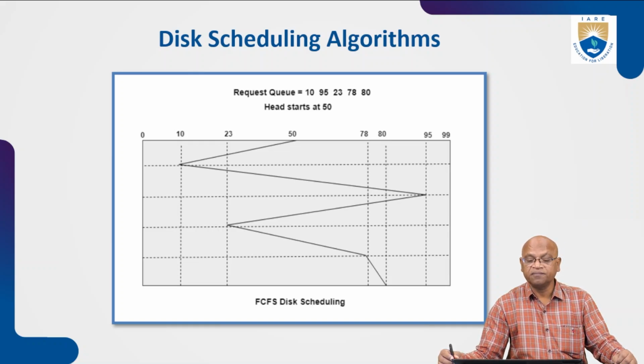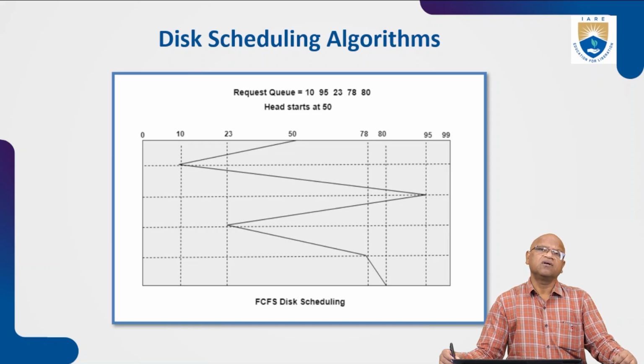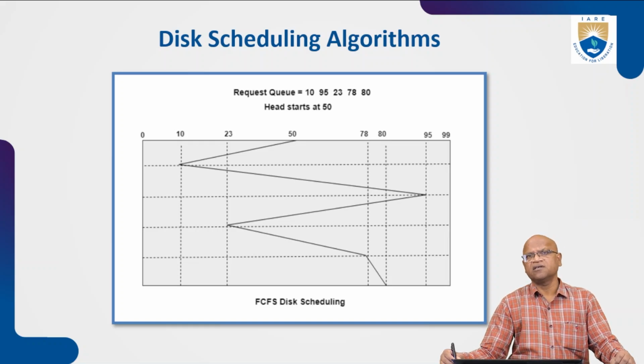The rest of the request queue is 10, 95, 23, 78, 80. These are tracks, and on these tracks your data is saved. As you know, data is saved in different disks, different sectors and different tracks.